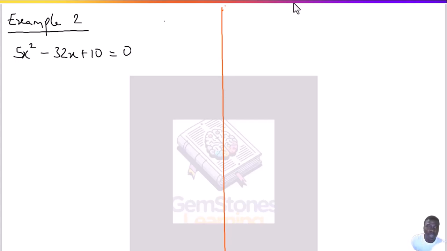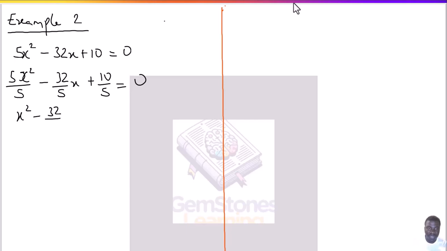So that will make this become 5x squared over 5 minus 32 over 5 x plus 10 over 5 is equal to 0. And that makes it x squared minus 32 over 5 x plus 2 is equal to 0.